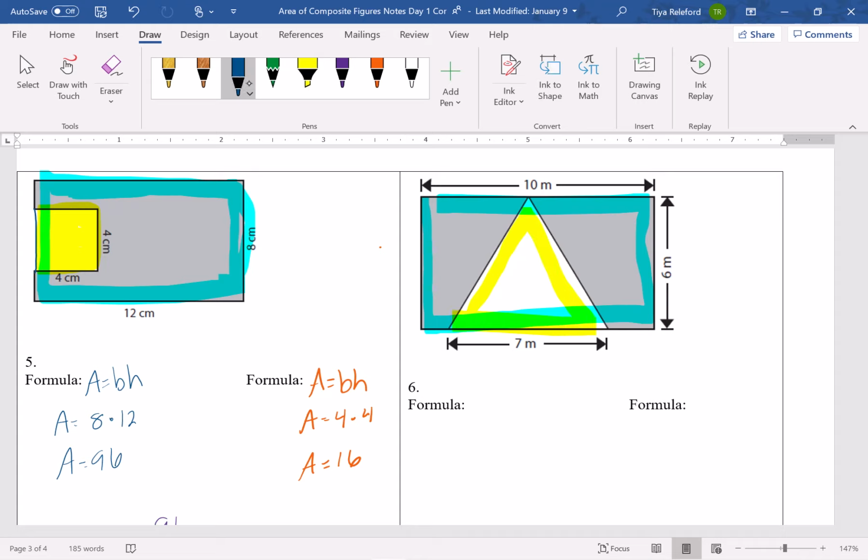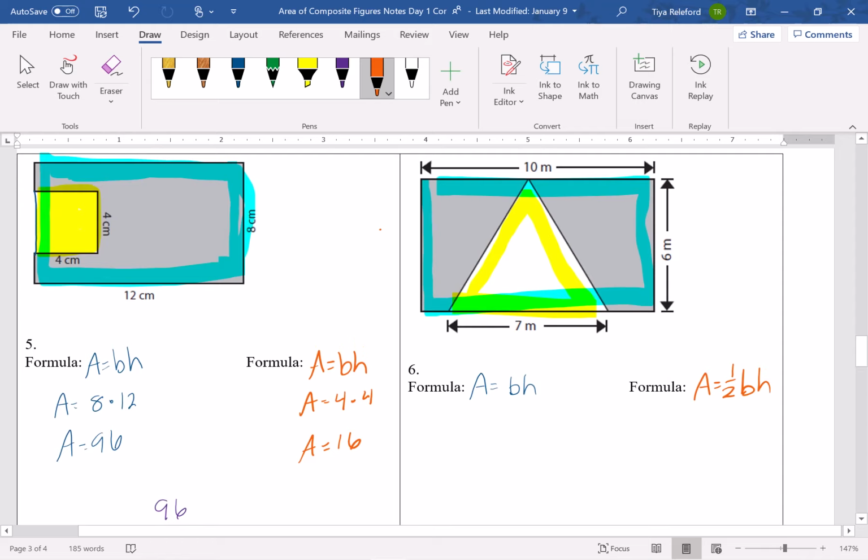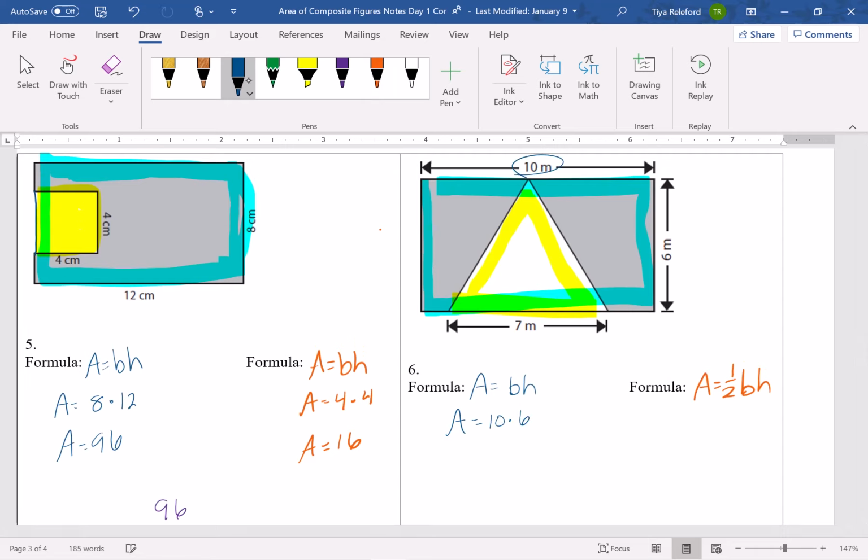So your rectangle formula and triangle formula are going to work together. So make sure on your rectangle you're using 10 and 6. 7 is not the rectangle. 7 we're going to use for the triangle.